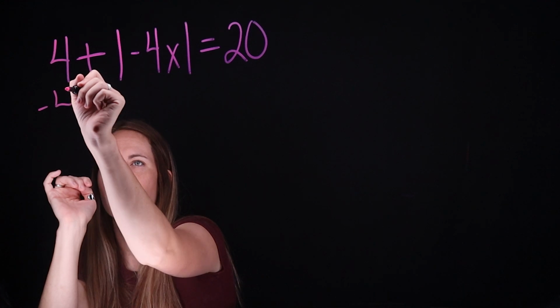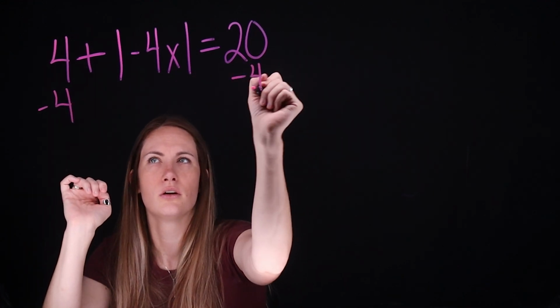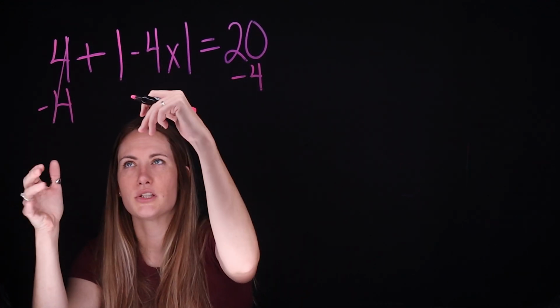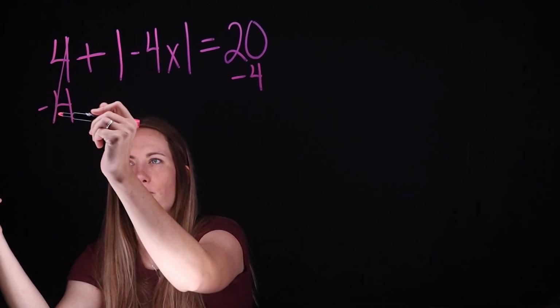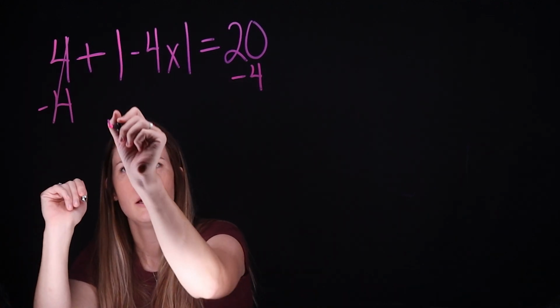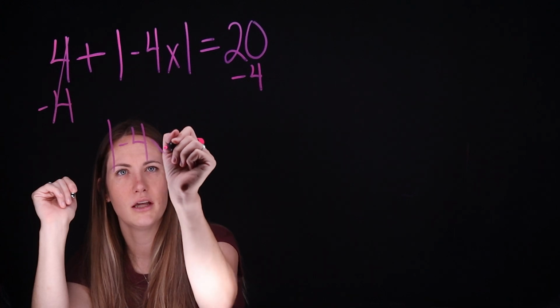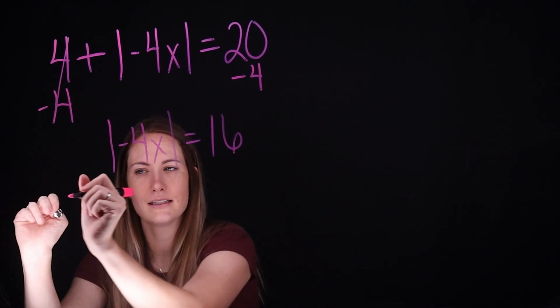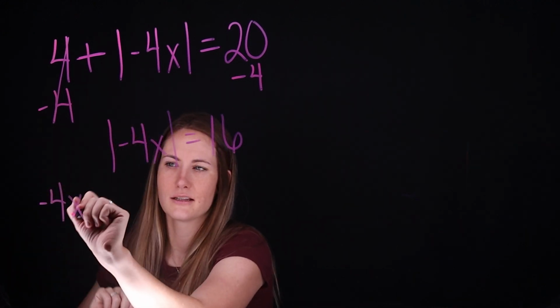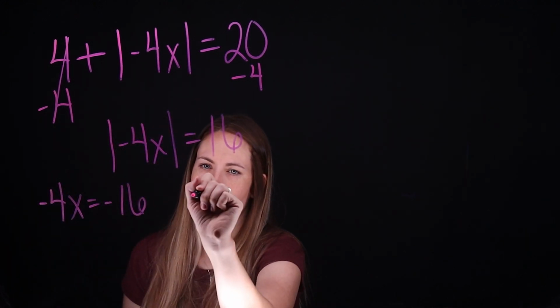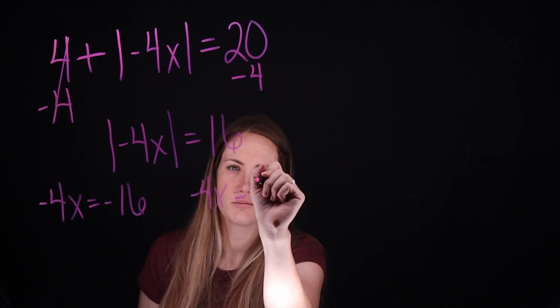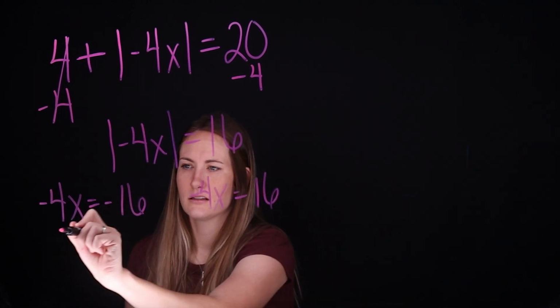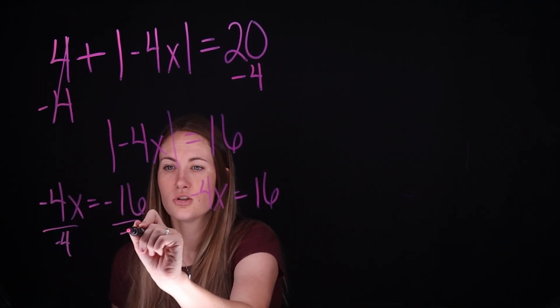You'd have to move this 4 first. And you have to do inverse operations. So since this was a +4, we subtract 4 on both sides. And then I'd have the absolute value of -4x equals 16. And then I could do my -4x equals -16 and -4x equals +16, and then solve those.